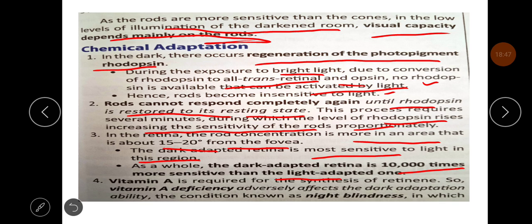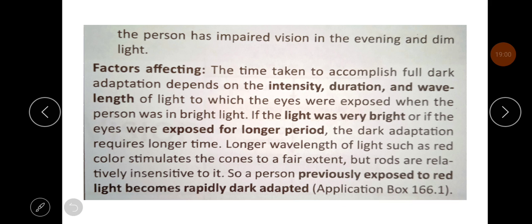Vitamin A is required for the synthesis of retinal, so vitamin A deficiency adversely affects the dark adaptation ability, and the condition is known as night blindness, in which the person has impaired vision in the evening and the dim light.